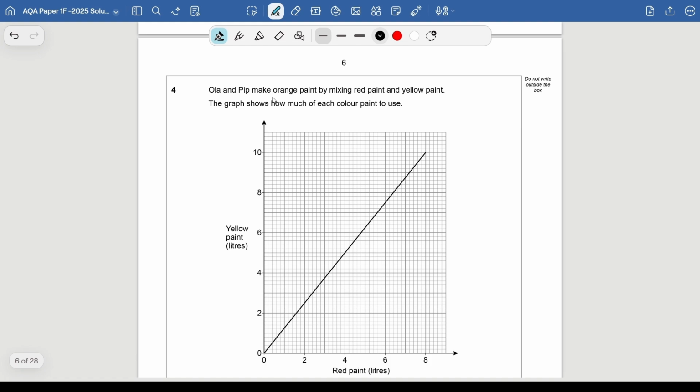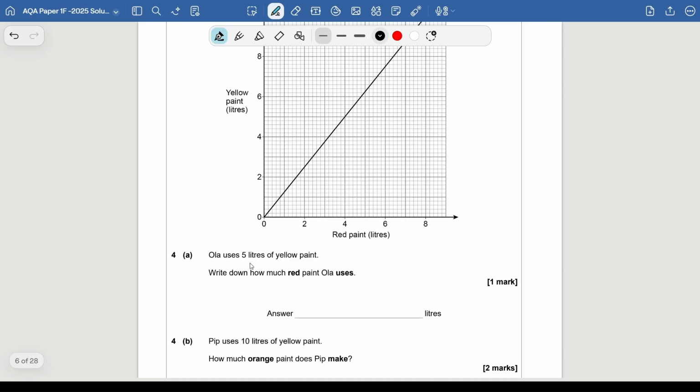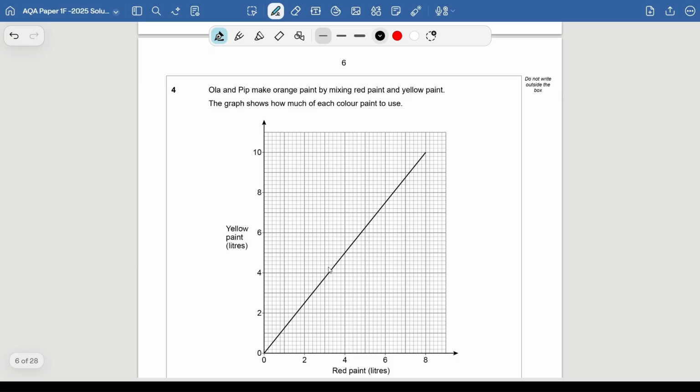Ola and Pip make orange paint by mixing red paint and yellow paint. The graph shows how much of each color paint to use. So we have the yellow paint in liters and red paint in liters given on the axes. Ola uses 5 liters of yellow paint. Write down how much red paint Ola uses. So if she uses 5 liters of yellow paint, 5 is between 4 and 6.